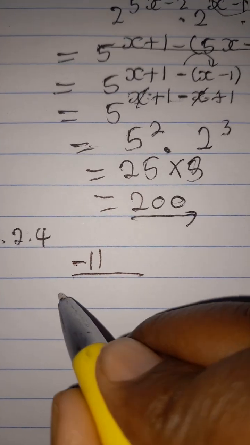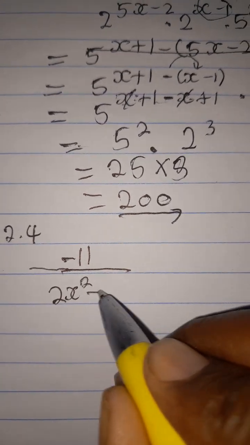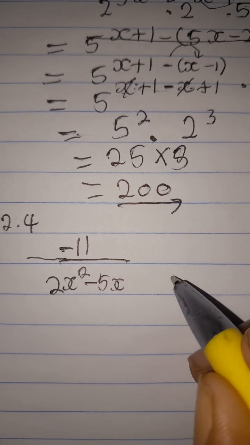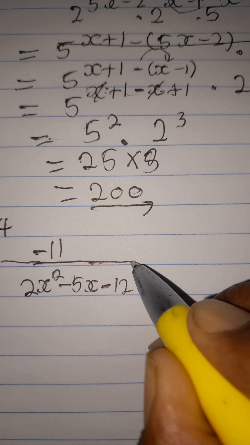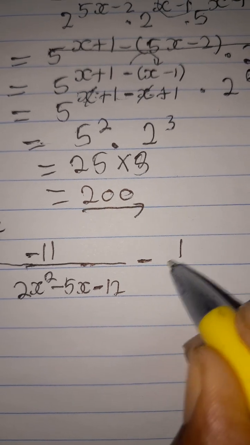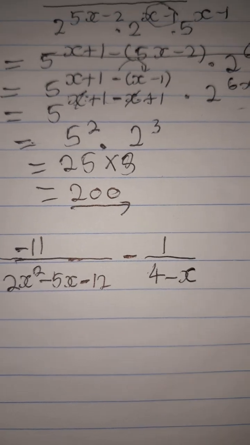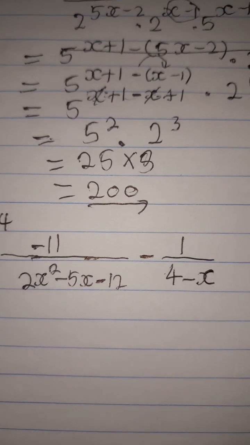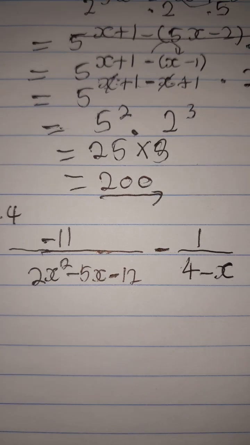Negative 11 divided by 2x squared minus 5x minus 12 minus 1 divided by 4 minus x. Right, so first thing first, guys, you need to factorize what are the factors of 2x squared and what are the factors of 12.